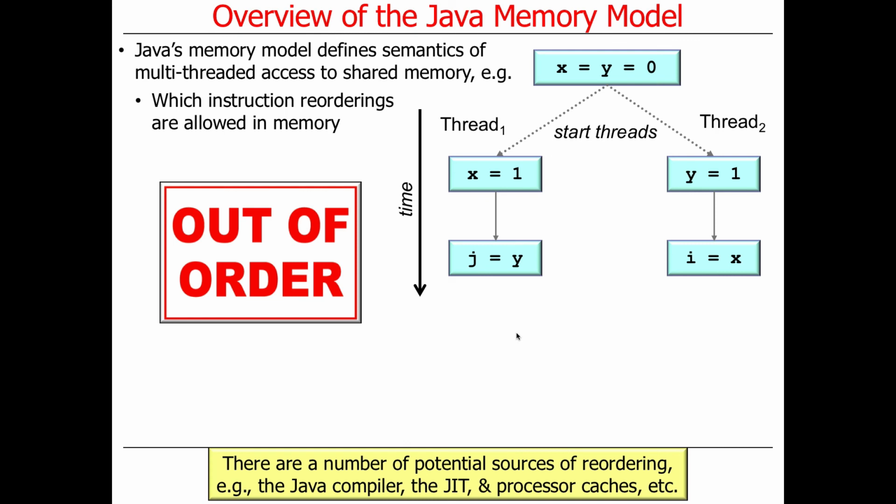So one of the things that the Java memory model defines is what instruction reorderings are allowed in memory. So first of all, what the heck does it mean to reorder stuff, right? What does that mean when you talk about memory ordering, or linearization is the other way to look at it? What does it mean to be able to execute instructions out of order? Does anybody know?